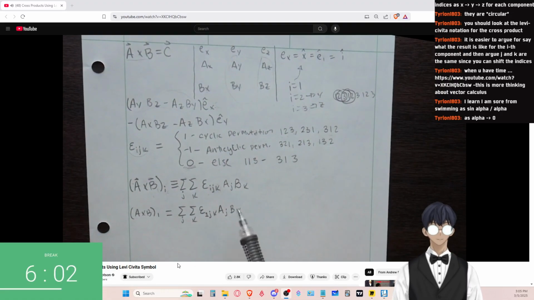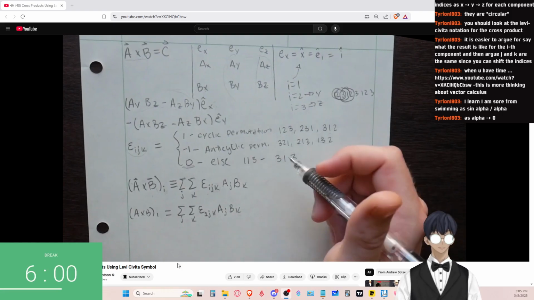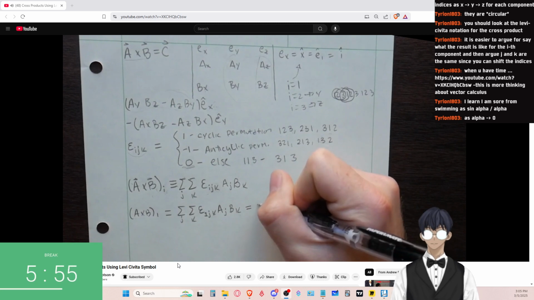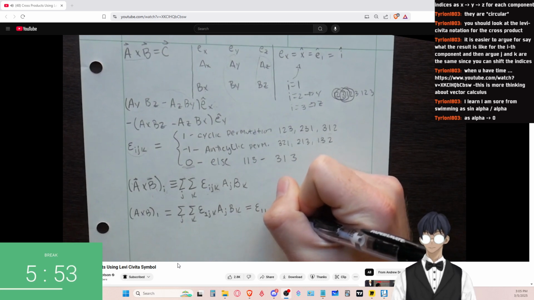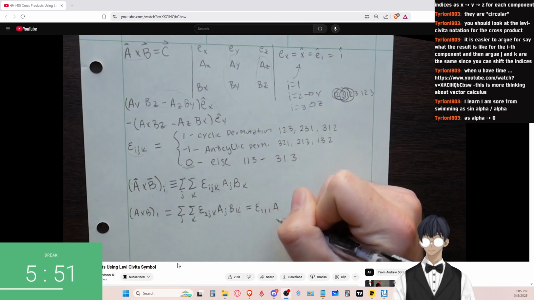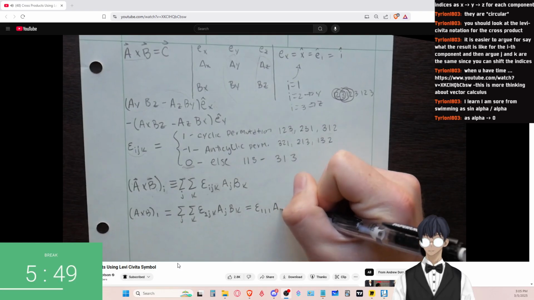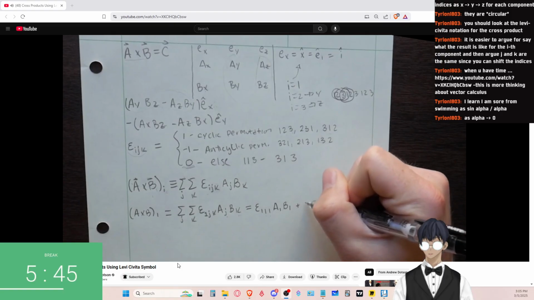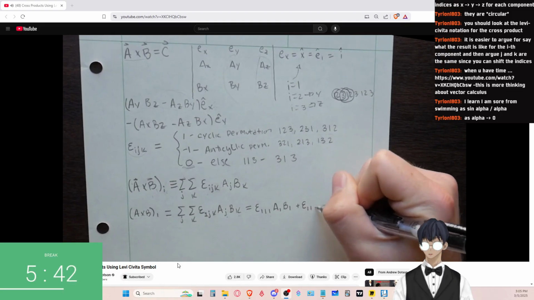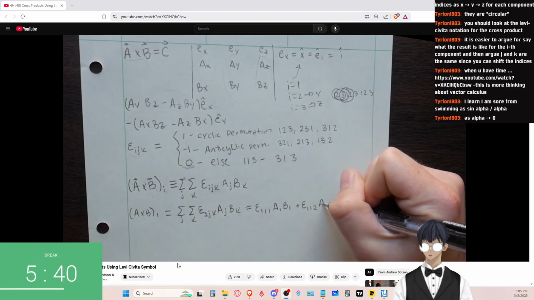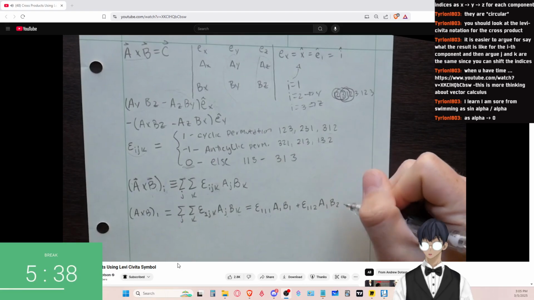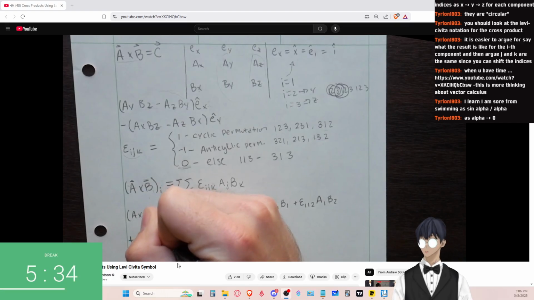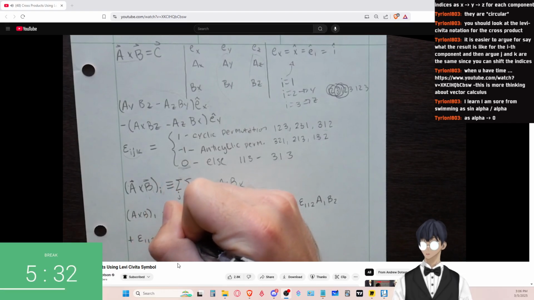So if we're summing over J and K, that means that the possible combinations are that this is equal to, let's start with 1, 1, 1. So that means J is 1 and K is 1, so that's A1, B1, because these are also J and K, plus epsilon 1, 1, 2, A1, B2, plus epsilon 1, 1, 3, A1, B3.